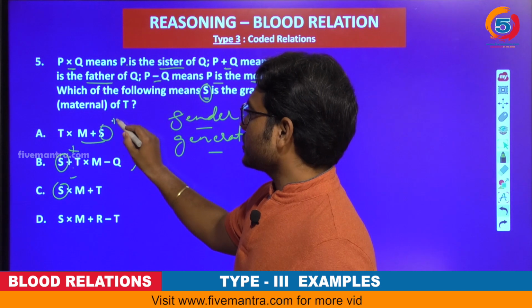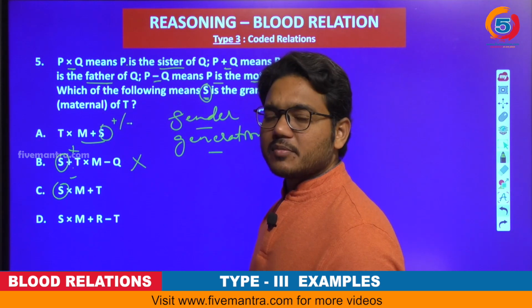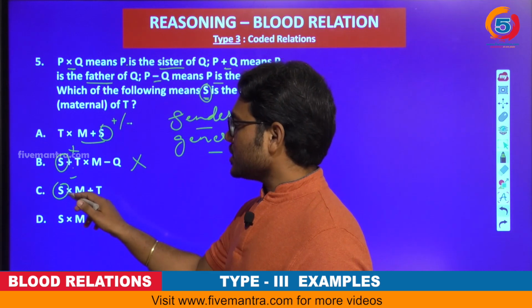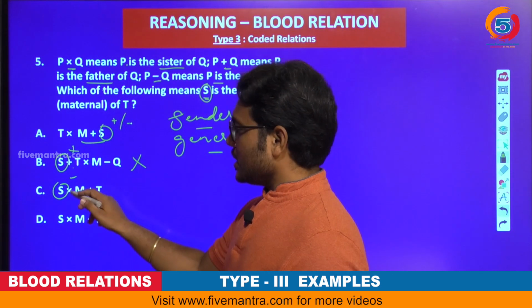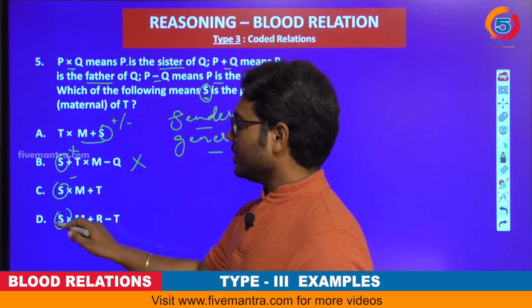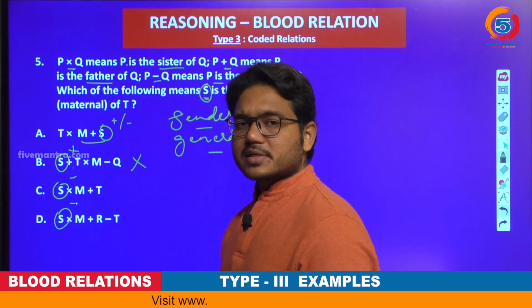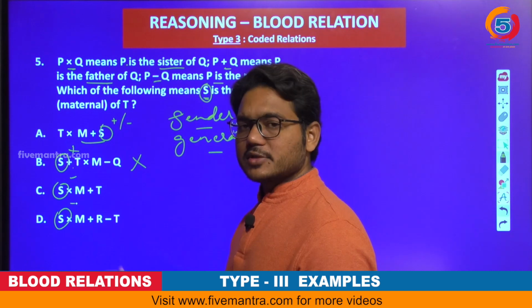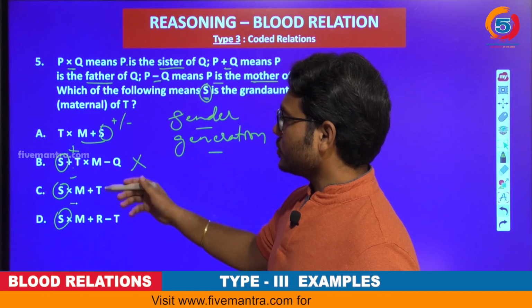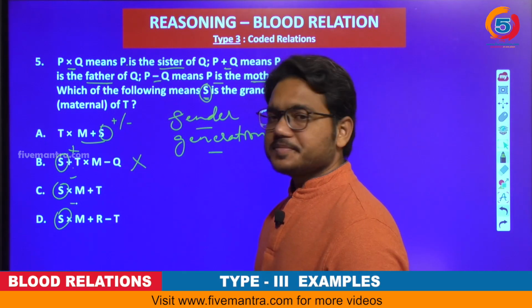Here let us put it like this, because we cannot identify male or female. Here in this third option, S cross M means S is sister of M. So obviously female. And again the last option also, S is female, because cross is given, which is sister. S is female. So what are the options left? 1, 2, 3, A, C and D.